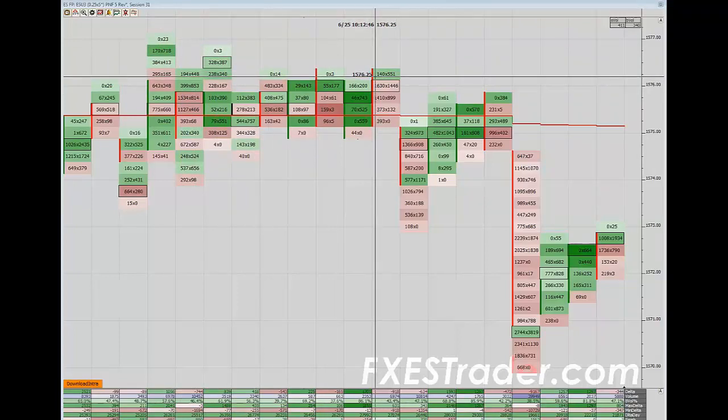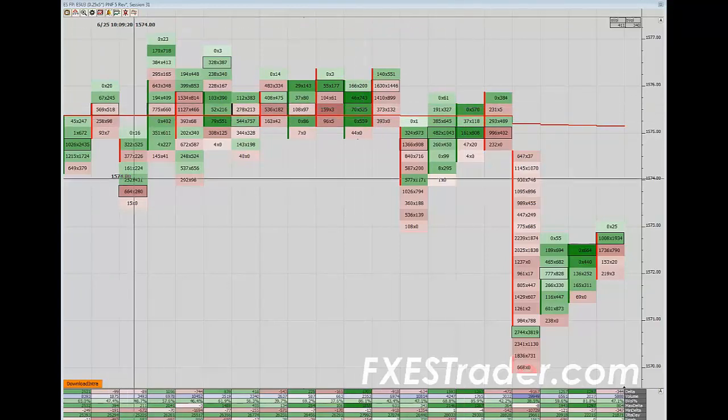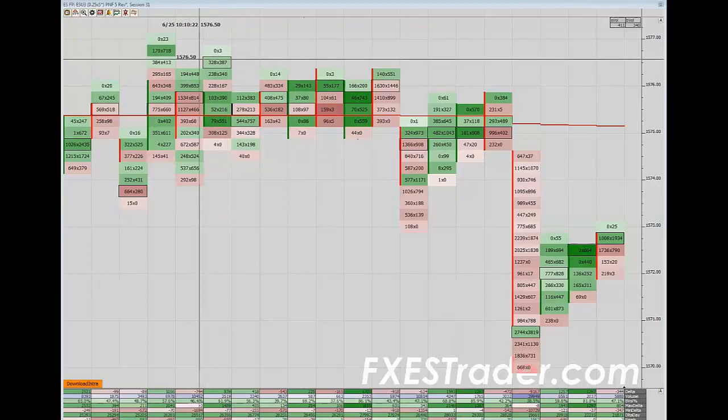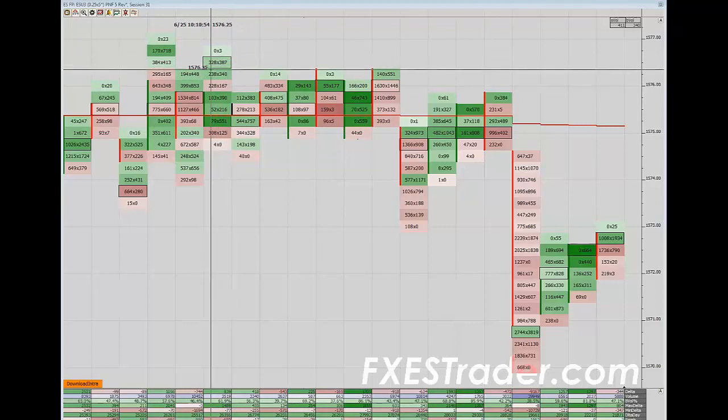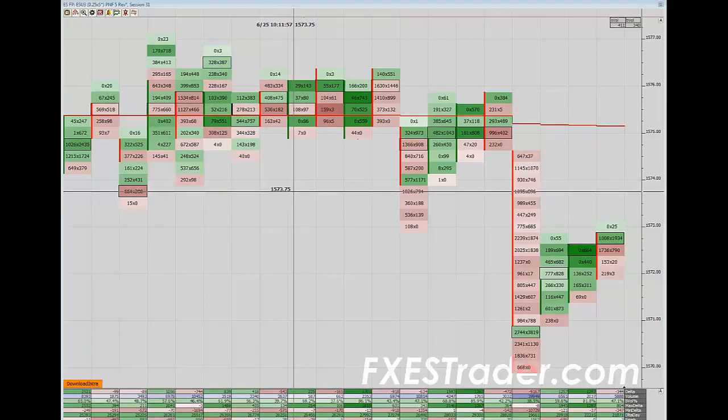No orders being executed. Throughout this, you can see the red line here is the VWAP. Really nothing that's telling us anything. These boxes outlined in black are what's called a volume node for the particular bar. As you can see, we have both red and green bars.